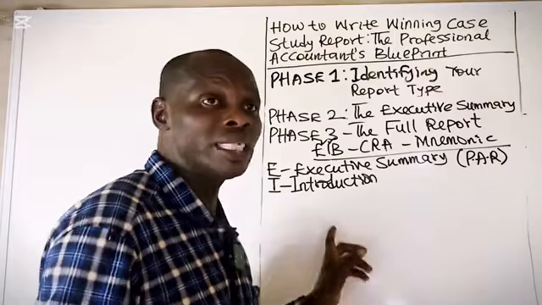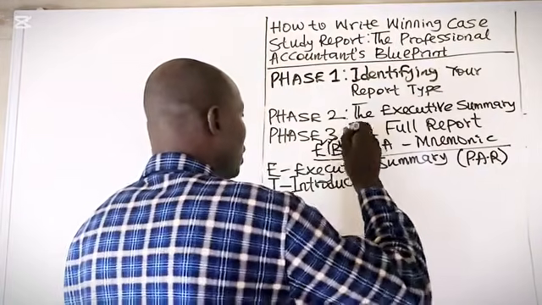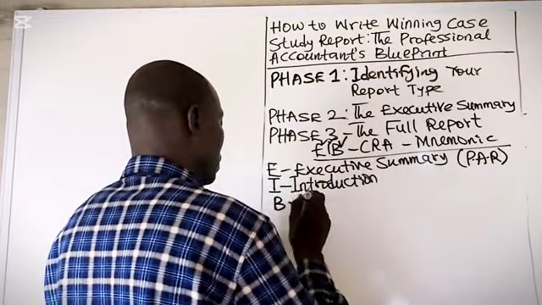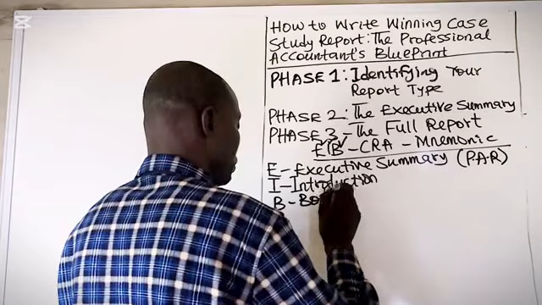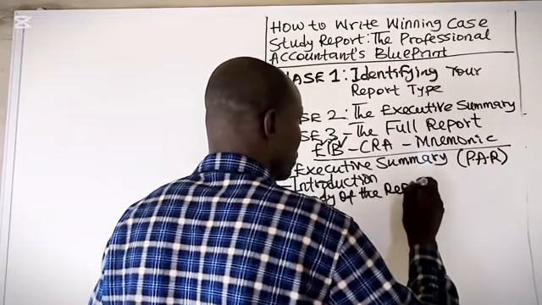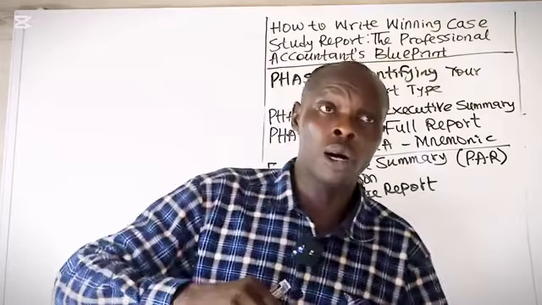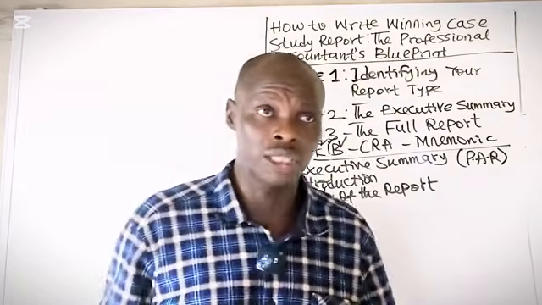Then letter B stands for body of the report. This is your detailed analysis.